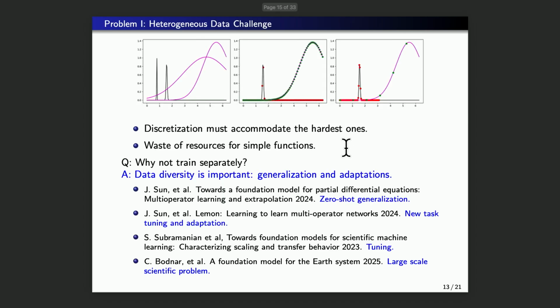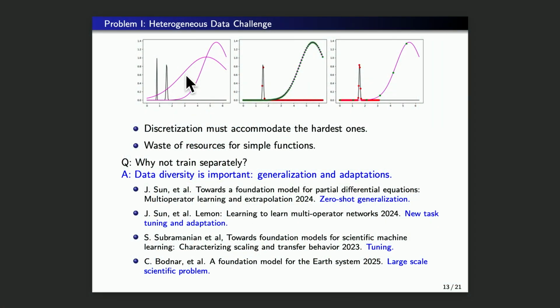Okay, so let's first look at the heterogeneous data sets or the multiscale problems. What does this mean? Basically, this means the data set contains samples presenting very different properties. I don't know what the definition is for computer vision, but for the mathematical application of machine learning, this is very easy to understand.